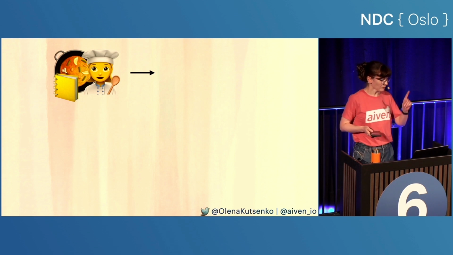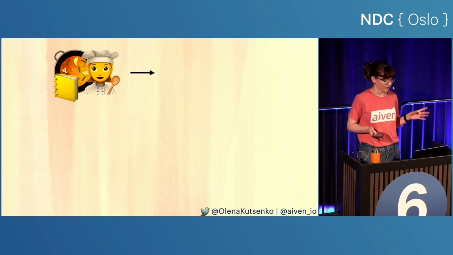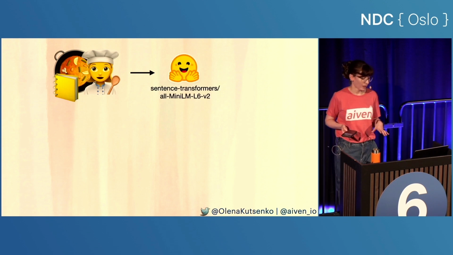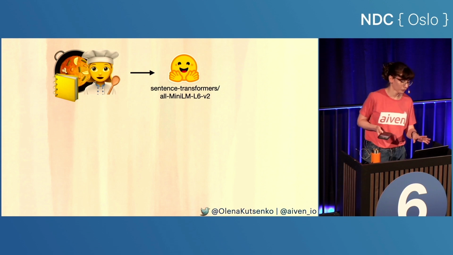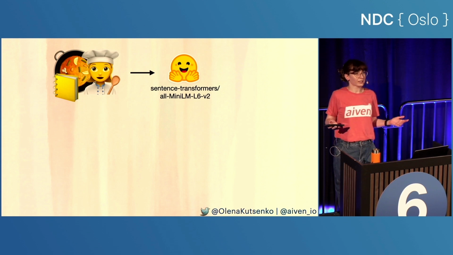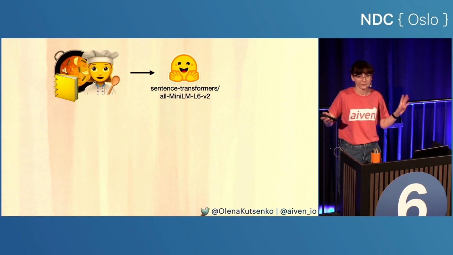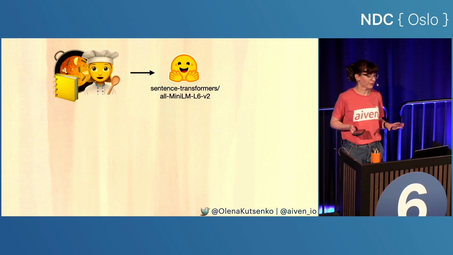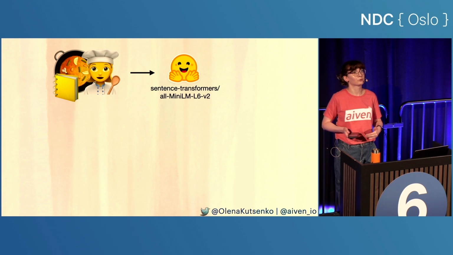So anyway, for this particular example, I took a list of recipes, and I used a model from Hugging Face. I just wanted to show something from Hugging Face, because it's a hub to store models, and there you can search and compare.